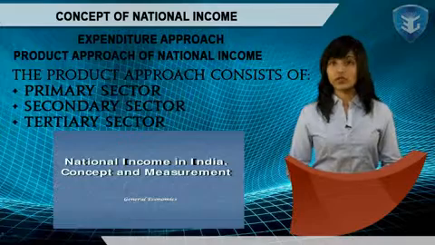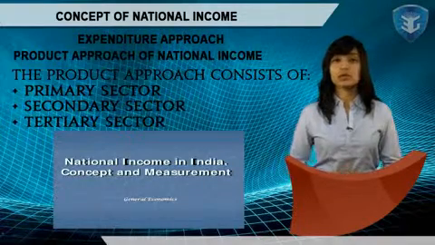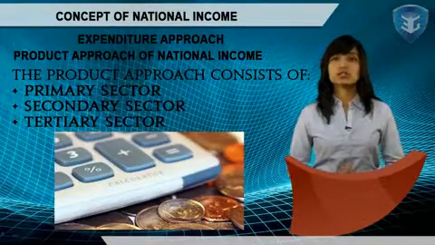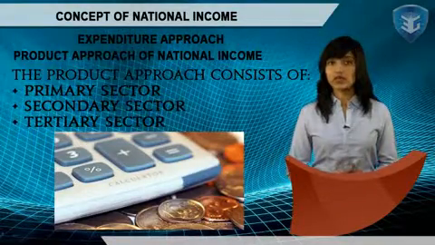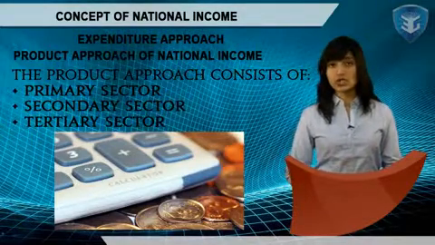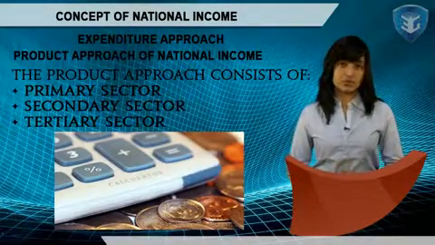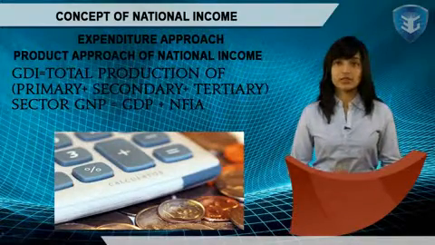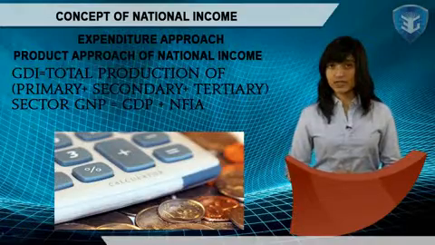It includes manufacturing, electricity, water supply, and such other public welfare activities. Tertiary sector. It includes banking, insurance, transport and communication, defense, administration, and such other institutions. Thus, GDP is equal to total production of primary plus secondary plus tertiary sector.